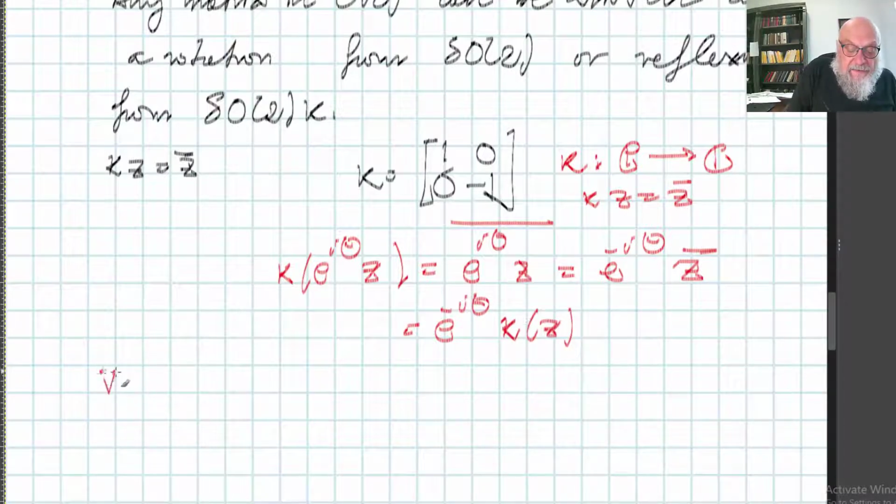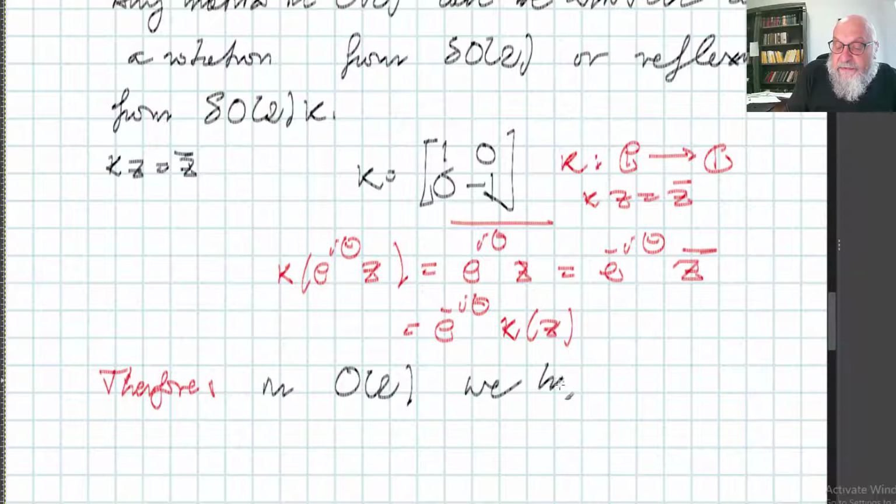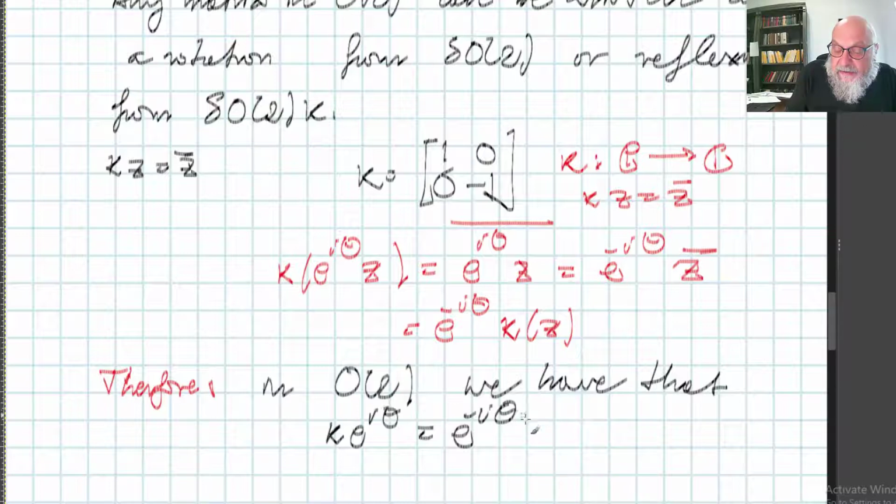And that implies that, in the group O2, we have that kappa e^{iθ} is actually equal to e^{-iθ} kappa.